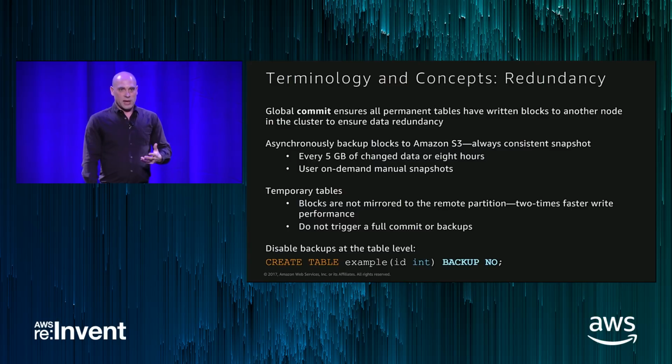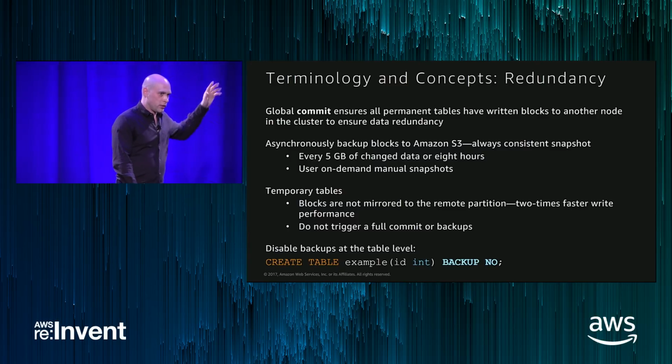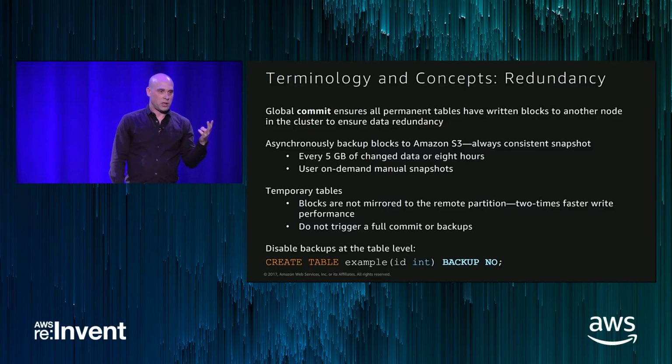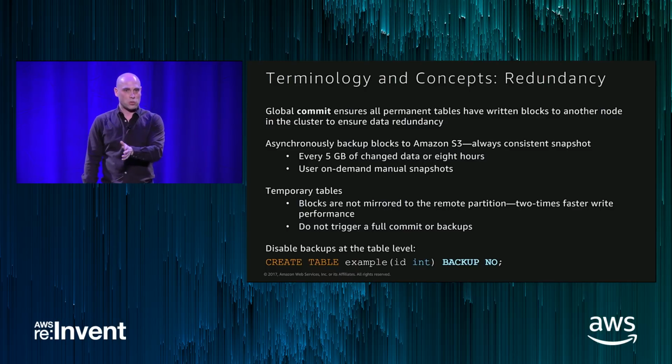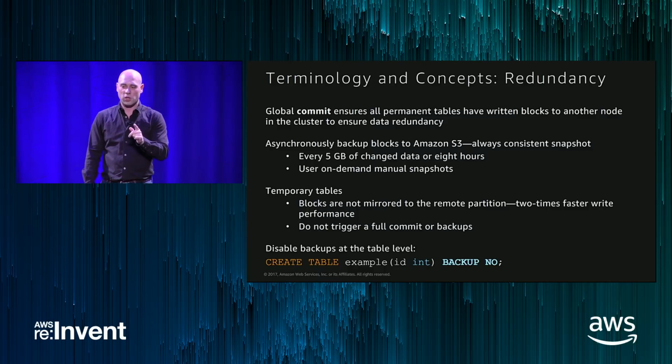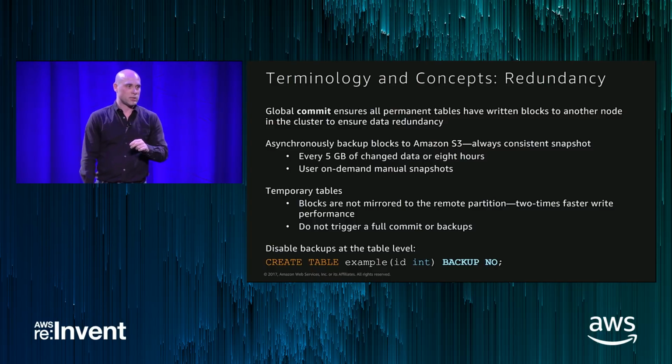So moving on to data redundancy, which I've mentioned a little bit, we store 2 copies of the data in a Redshift cluster. We typically call this the local and the remote. When a commit finishes in Redshift, your data has been safely written to 2 of the compute nodes, with the exception of temporary tables.